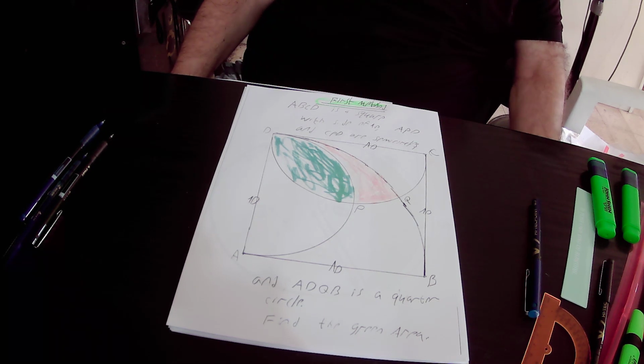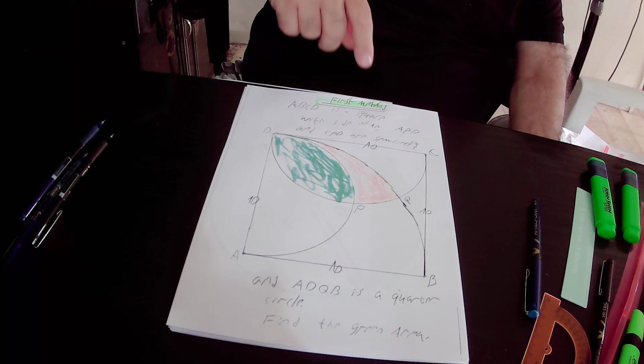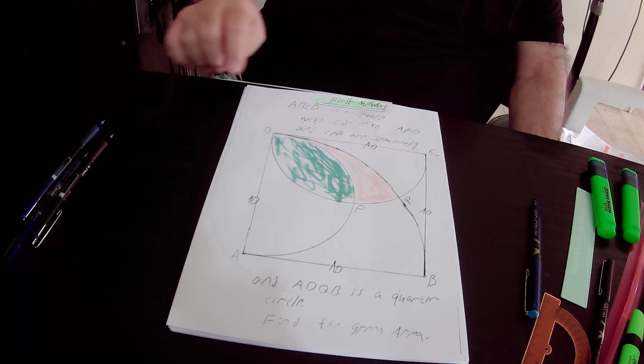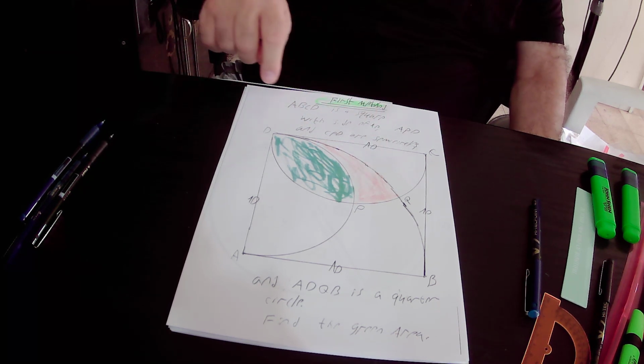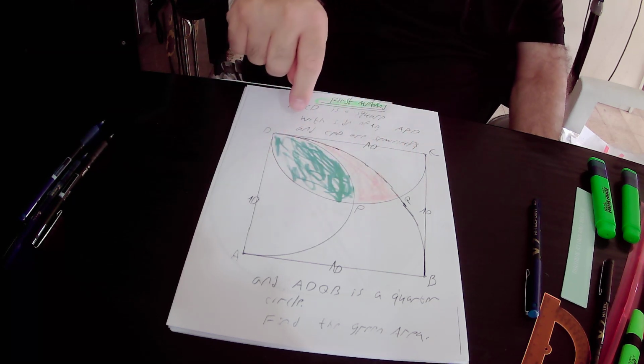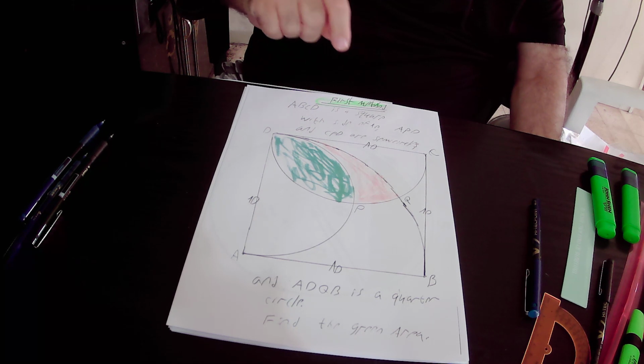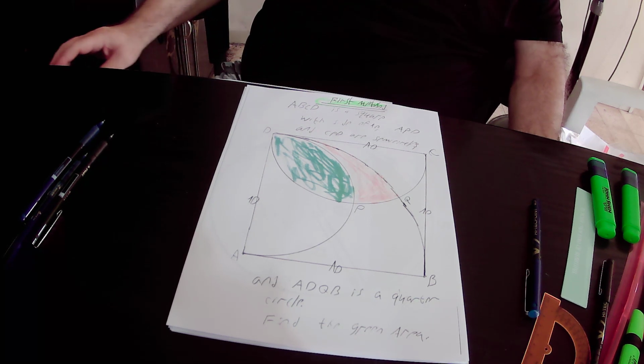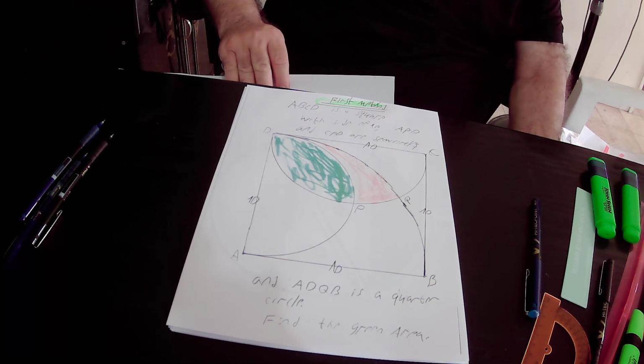So in general we know that the area of the orange shape is equal to the area of the big lens minus the area of the blue lens. So I'll write it down.